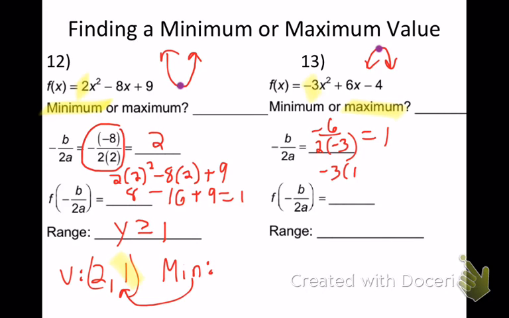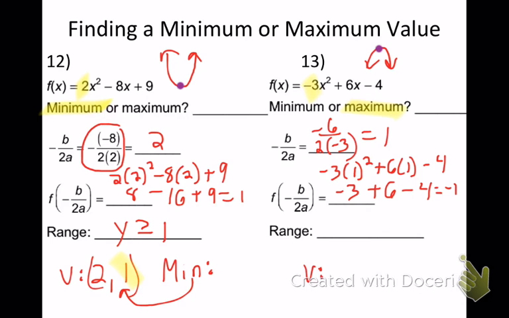So negative 3 times 1 squared plus 6 times 1 minus 4. Well, what's 1 squared? 1 times negative 3, negative 3, plus 6 minus 4. Negative 3 plus 6 is 3, minus 4 is negative 1.